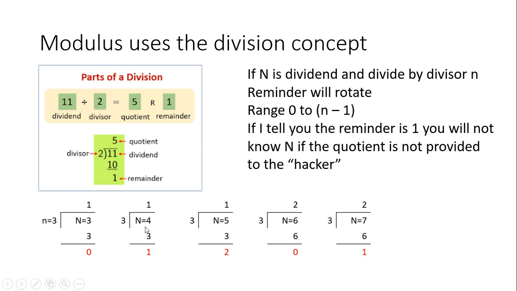There are many possibilities. It could be 4, could be 7, could be 10, could be 13. So by adding the idea of a modulus to the public key, we make it near impossible for the hacker to grab the p value and, by just listening to the remainder value, calculate back the public key.